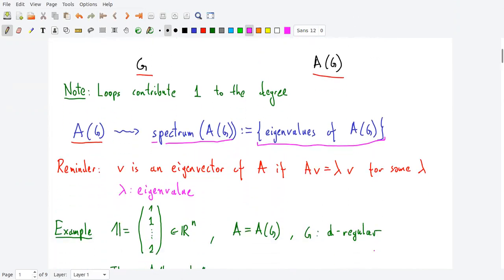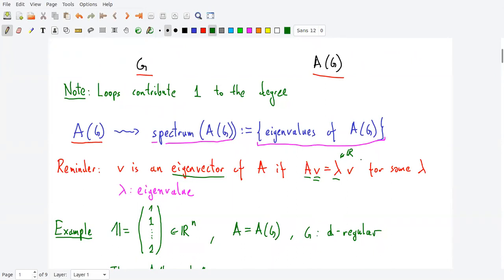So a quick reminder: an eigenvector of a matrix is a vector, say v, such that if you act with the matrix on this vector, the matrix acts by just prolonging or shortening this vector. So Av is equal to some lambda, a constant called the eigenvalue, times the vector v itself.